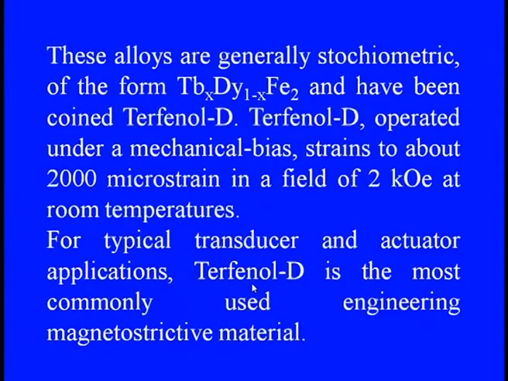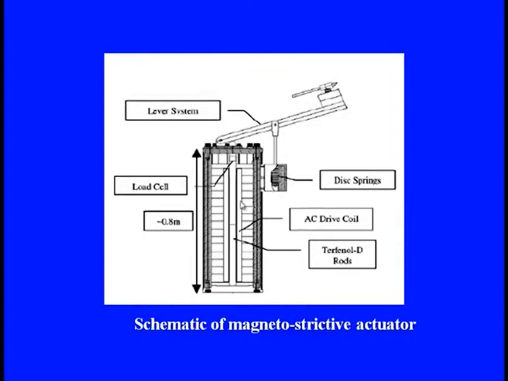So, we can use Terfenol-D as a transducer or actuator for many applications where we need accuracy. You can see this is my actuator part, where the Terfenol-D is in the middle, and we are applying this spring for the pre-stressed part, and then through this load shell and the AC drive coil, the field is created and it can be straightaway actuated.